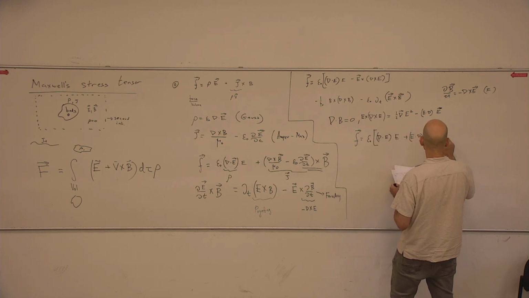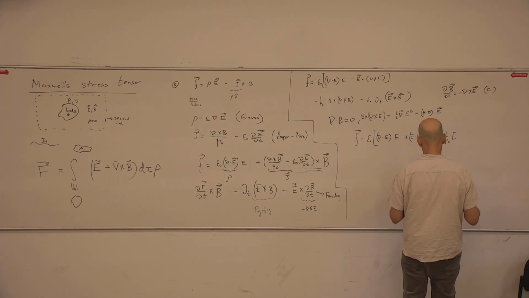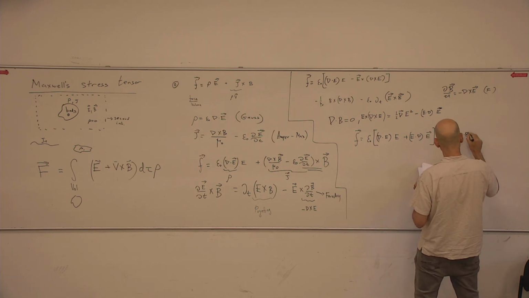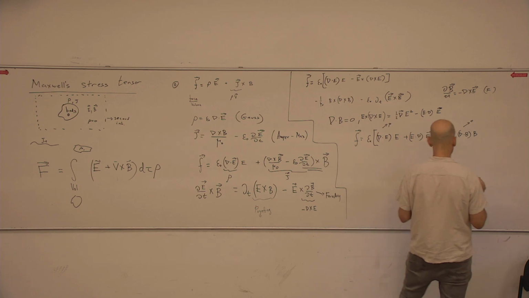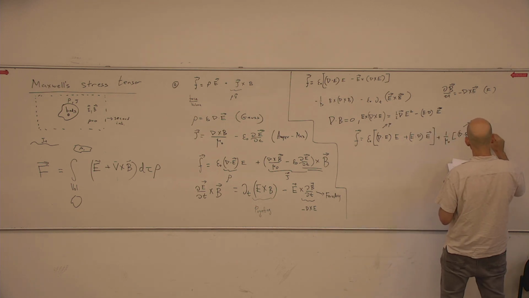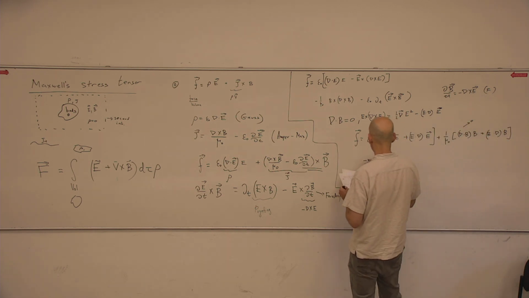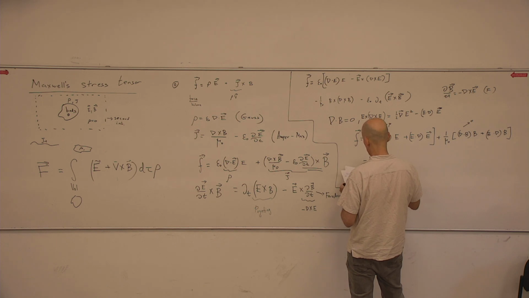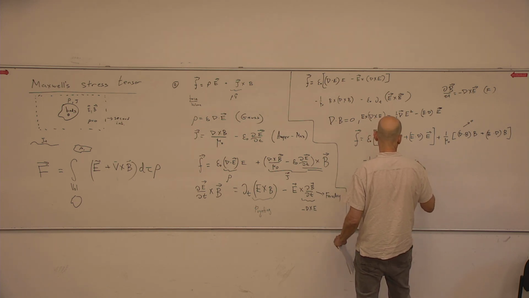E plus 1 over mu 0 div B, which is 0, but I still add it, B, so this is 0, this is rho, the rest comes from the math, plus B div B, minus half delta of epsilon 0 E squared plus mu 0 B squared.